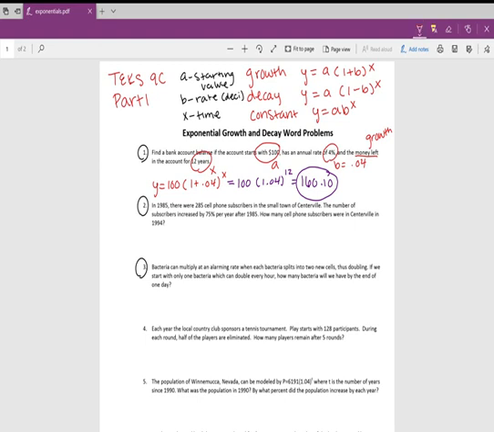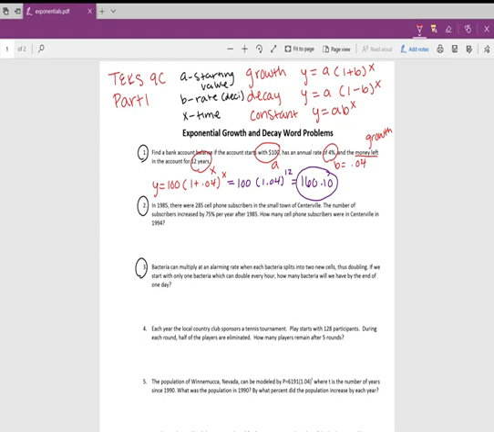Number 2 says, in 1985, there were 285 cell phone subscribers in the small town of Centerville. The number of subscribers increased by 75% per year after 1985. How many cell phone subscribers were in Centerville in 1994? Okay, so first we're going to go through and label everything.